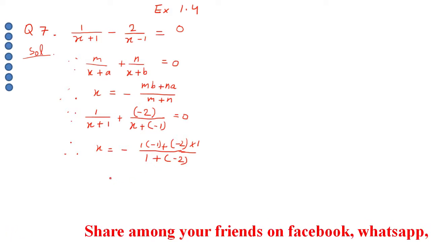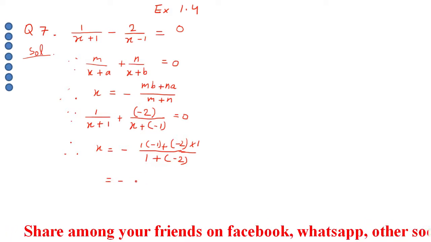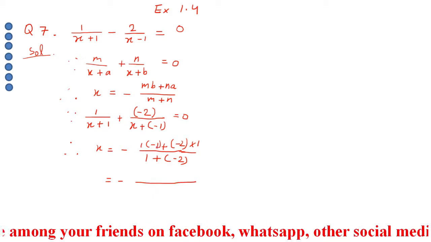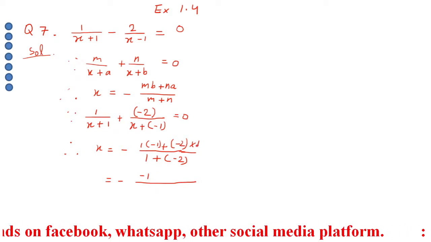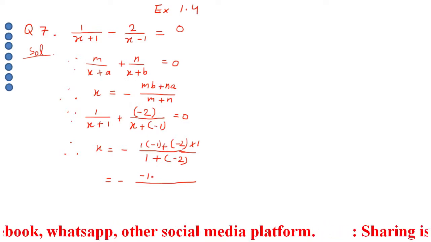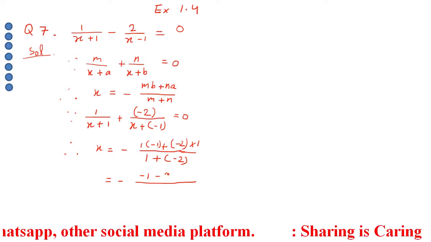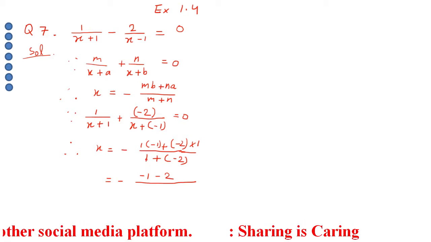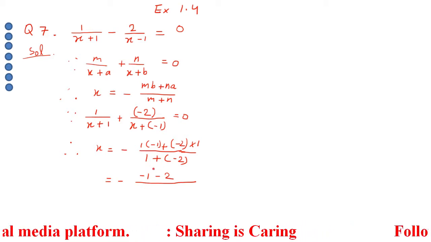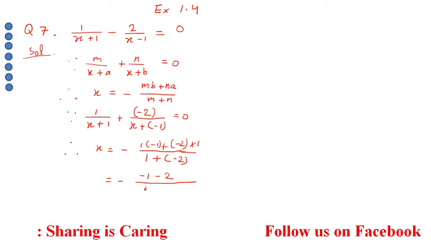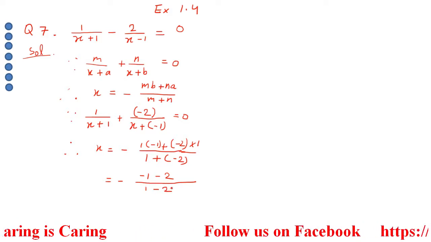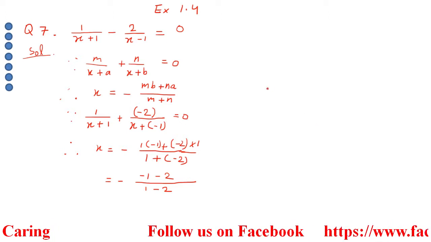Now solve this. When we solve this, minus sign, then long line, 1 times minus 1 is minus 1. Then 2 1s are 2 and minus times plus gives minus, so you will get here minus 2. And in the denominator, when you open it, you will get 1 plus minus 2, so 1 minus 2. Now the remaining process I am doing here.